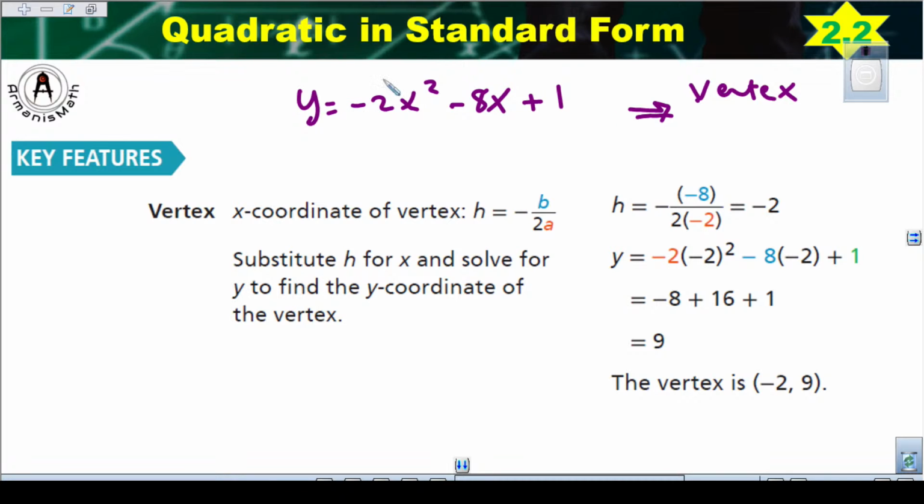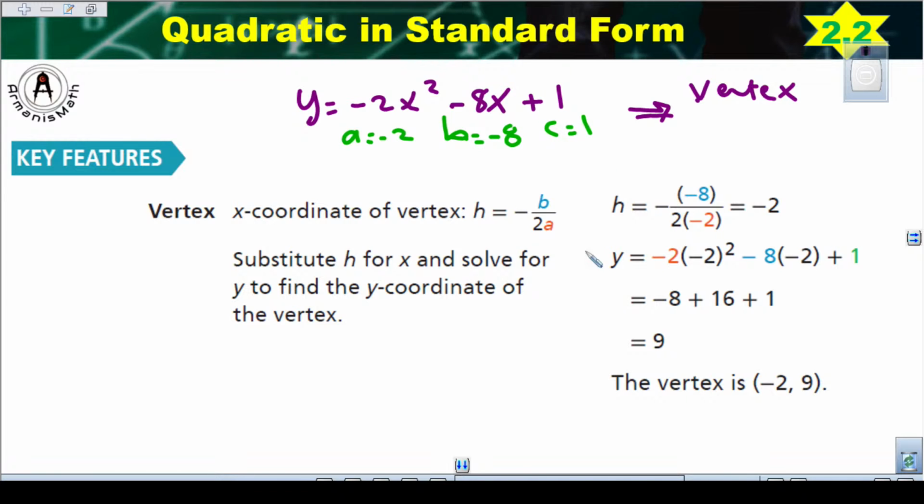Well, that's why we said you have to know your ABC, right? So what is A? We talked about that just a minute ago. A equals -2. And please get in the habit of actually labeling them again. You see it, you just write it again, because sometimes the negatives get you. So b equals -8, and then c equals 1.